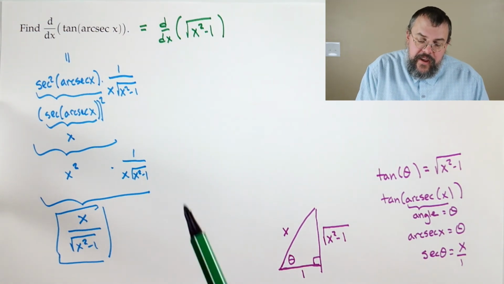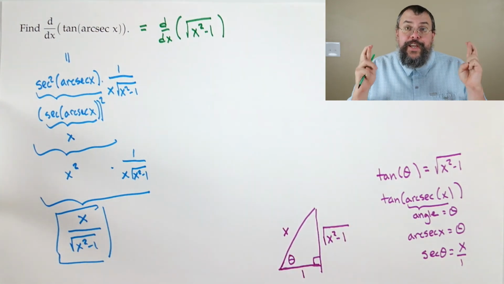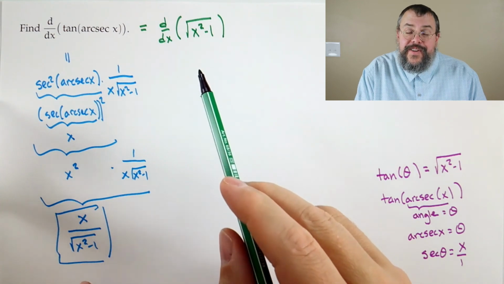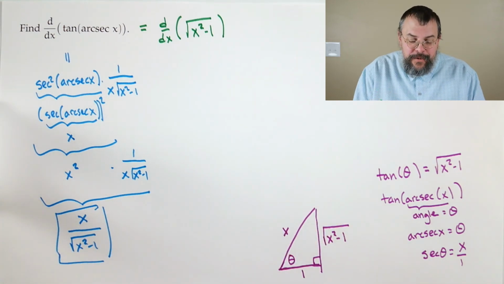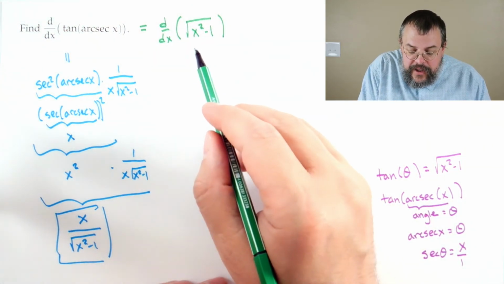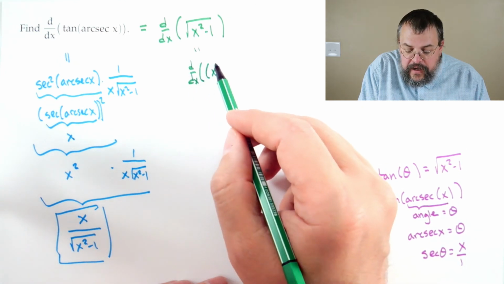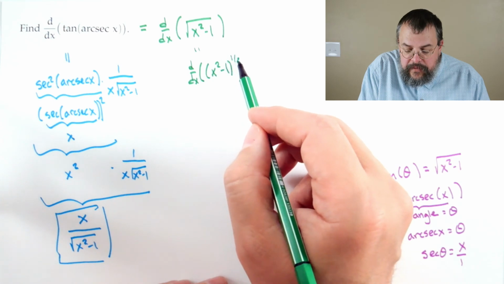Now, let's take this derivative. Fingers crossed, it should be the case that they're the same. Okay, let's hope. Now, if we're going to take that derivative, we'll make it more calculus friendly: x squared minus 1 to the 1/2.